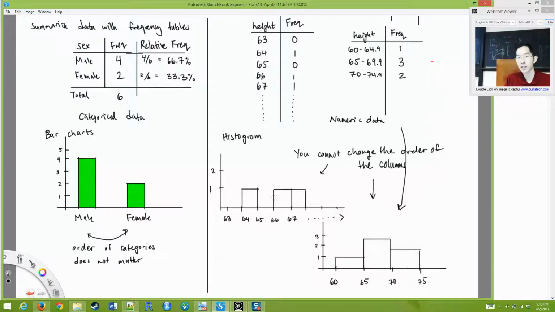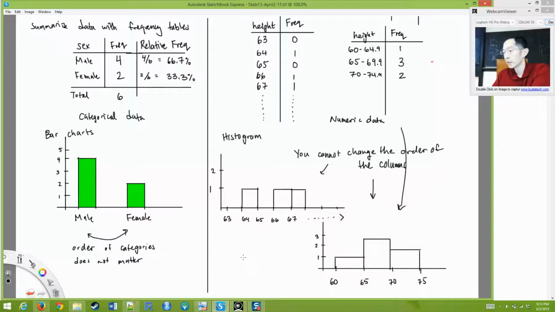You can't say on a whim, I want the number 66 to come before the number 64. That's not allowed. The numbers go in order from least to greatest. On histograms, bars on the right indicate individuals or measurements that have high values, and bars on the left indicate lower values.